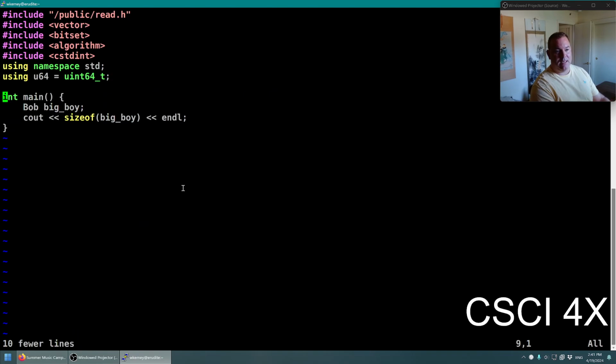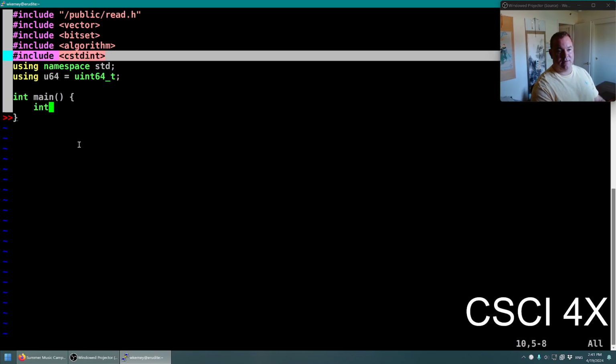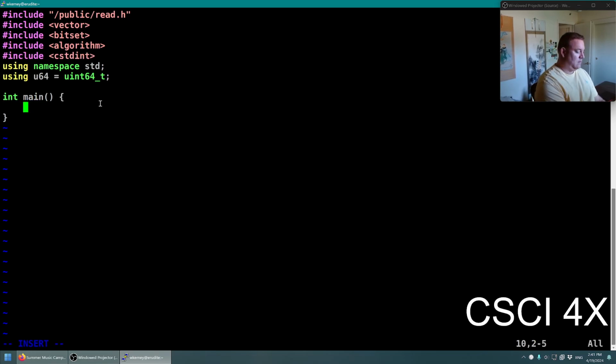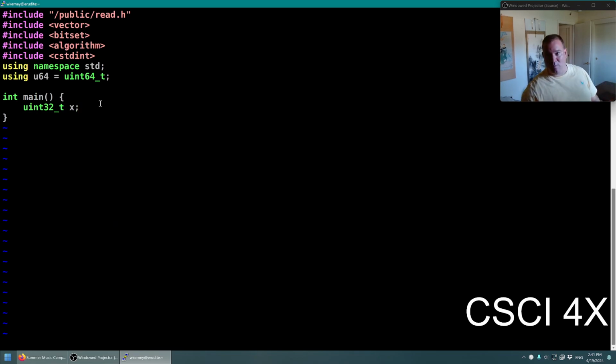Bitwise allows you to manipulate individual bits inside of, let's say, an integer. Or since we've included cstdint, we could use a uint32_t, which is the same thing as an unsigned integer, but it'll never not be 32 bits. It'll always be 32 bits. If you say int in C++, there's no guarantee that the integer is going to be 32 bits under this standard.